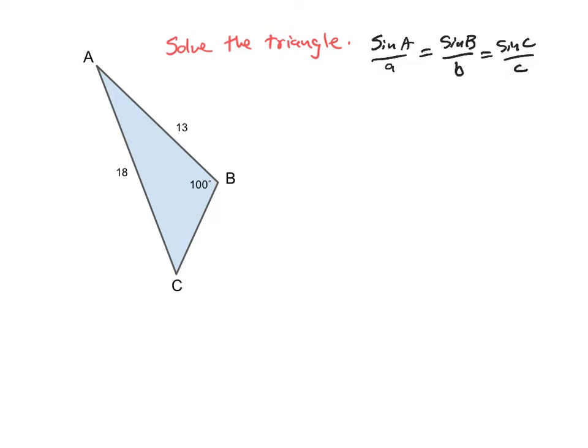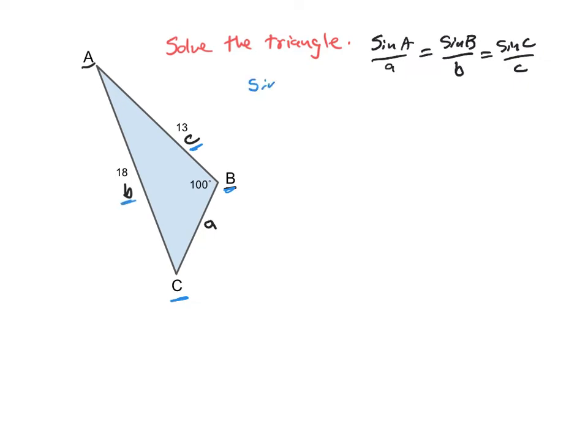Now, let's first label our sides. So again, if this is B, this side is opposite of that, so that's little b. Angle A, the side opposite is little a, and angle C, the side opposite of that is little c. So now looking at this diagram, I can find angle C because I know side C, and again we have B and b.